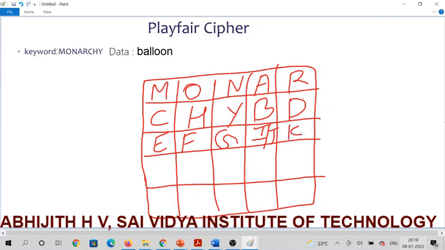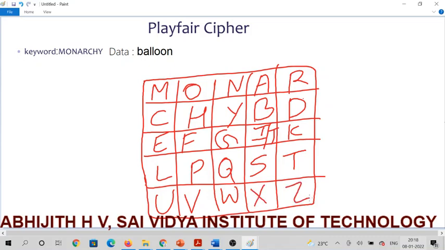K, L, M is there, N, O, P, Q are already included. S, T, U, V, W, X, Y is already included. Z. In this way, the 5 cross 5 matrix will be constructed.